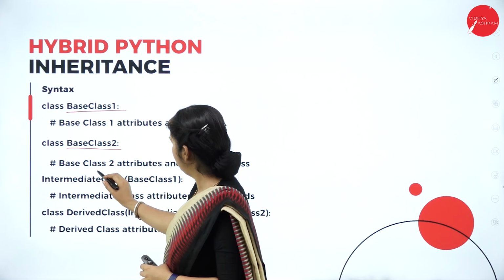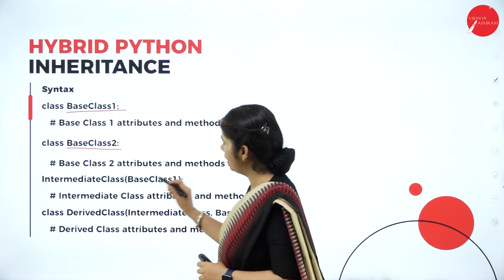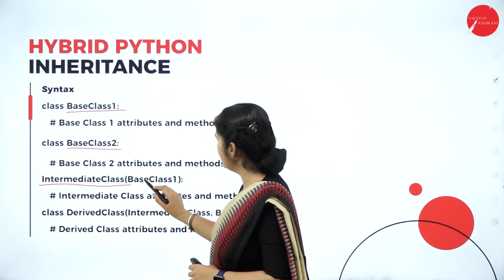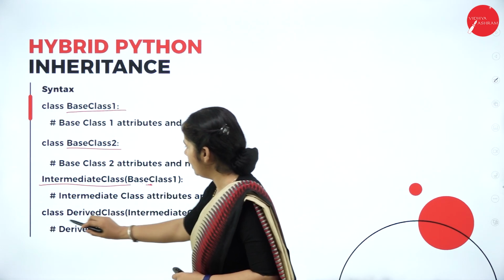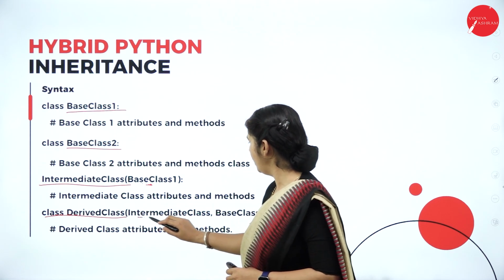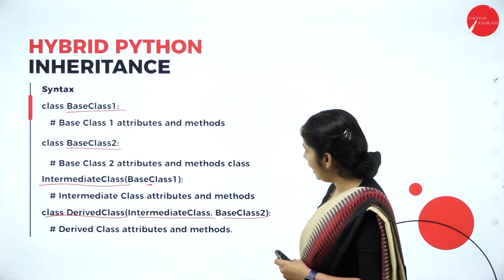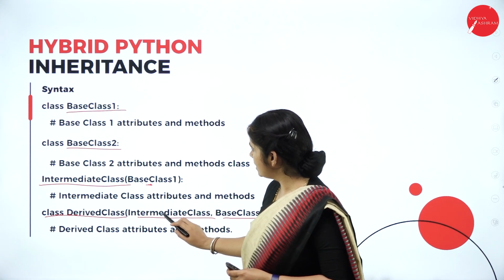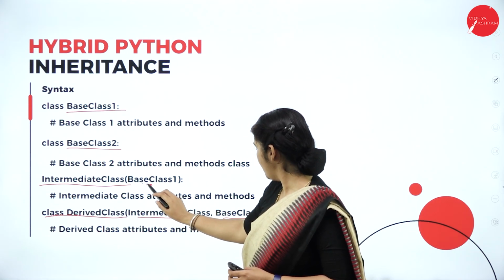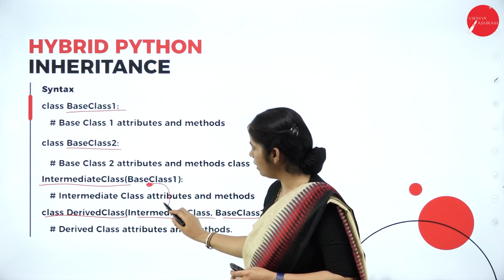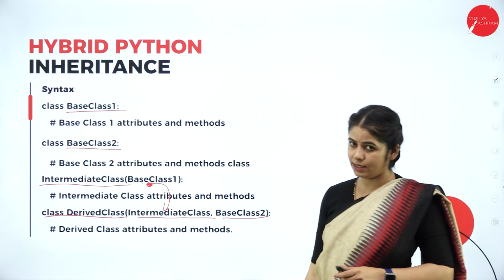Multiple inheritance, with attributes and methods. The intermediate class inherits the base class 1 properties, so the properties of base class 1 are given to the derived class itself.